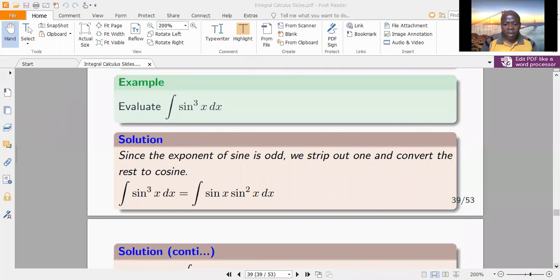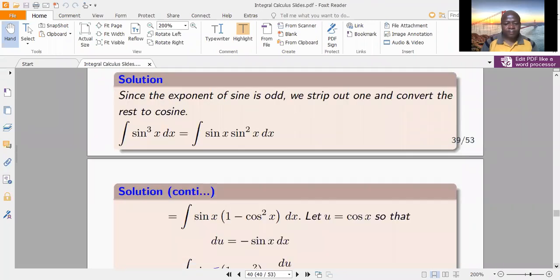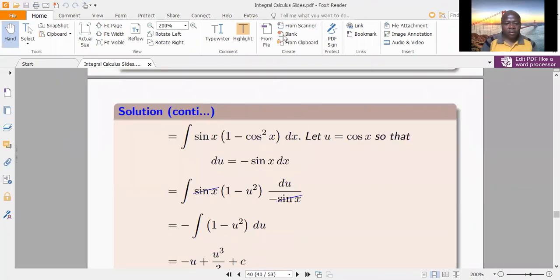So let's see now how to proceed from here. We've stripped out one sine, and we're now converting the rest to cosine. Now let u be cos x, and differentiate on both sides.